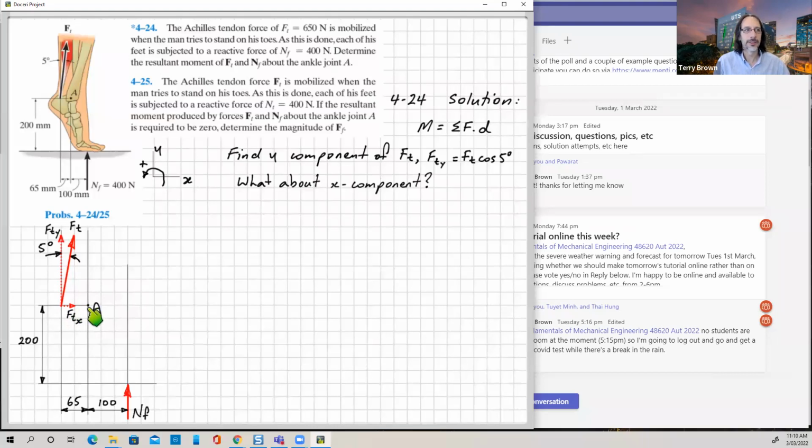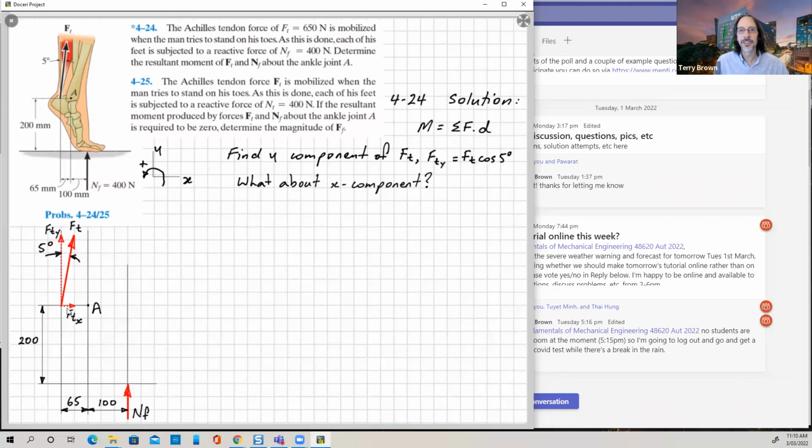But it's important to say, if you just write d is equal to 0, it doesn't tell the whole story. The whole story is that d is the perpendicular distance between the line of action of the force and the point. Because there is a distance between point A and the force.